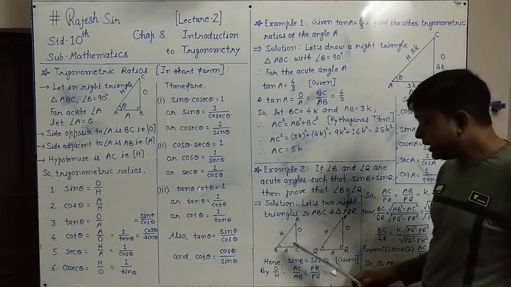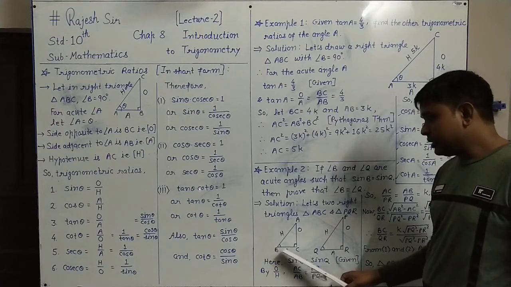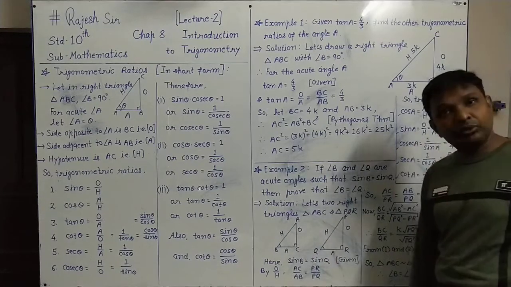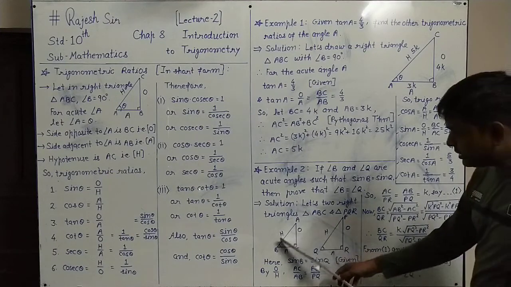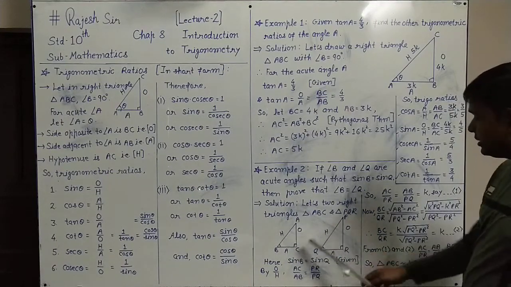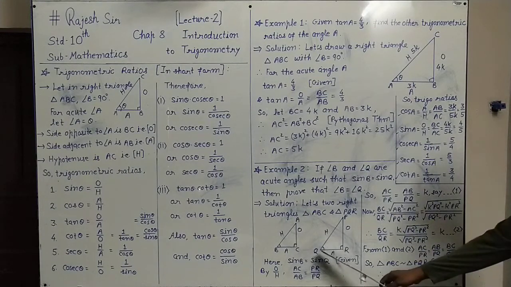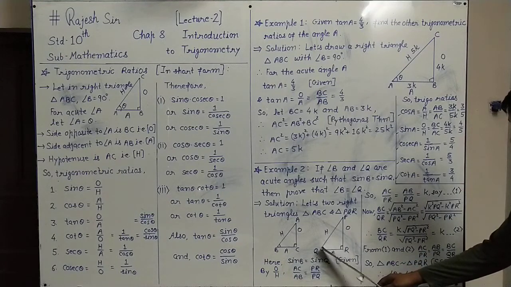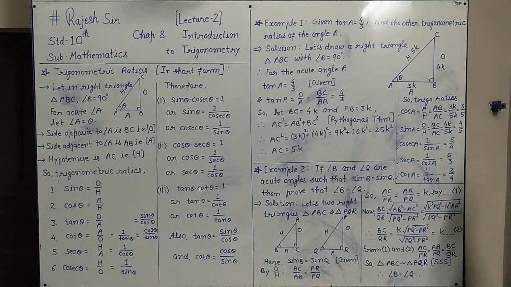If you need one other side, suppose BC, then it is hypotenuse square minus the other side square. So BC equals root of AB square minus AC square. Upon QR, in the same way, QR equals the whole root of PQ square minus PR square, since in this triangle the hypotenuse is PQ.